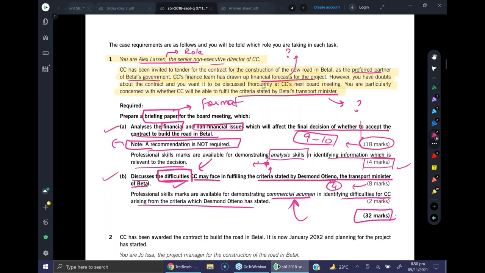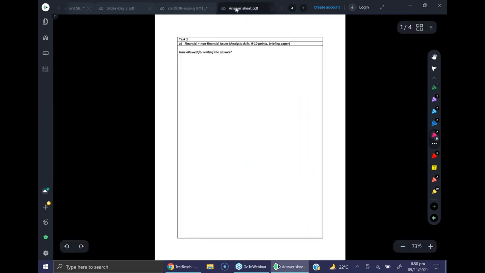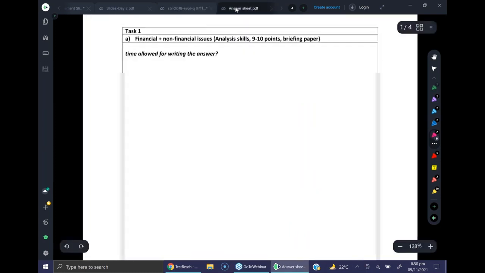Now if I am doing this exam, I will make a summary like this. Please have a look at the document I'm sharing on the screen. Can you see it? So I will quickly write task 1, and I will write that I have to discuss the financial as well as non-financial aspects. I will just quickly write that analysis professional skill is tested.